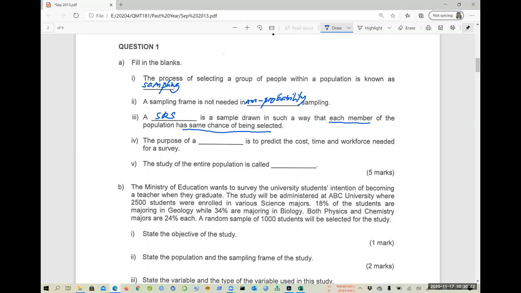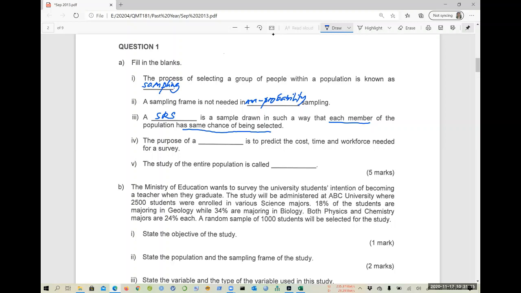Okay, the fourth one, the purpose of a blank is to predict the cost, time, and workforce needed for the survey. So this is the process done prior to an actual survey, in which they ask you to do something in order to determine how much it will cost, what time frame you need, how many people you need in order to perform the survey and so on.